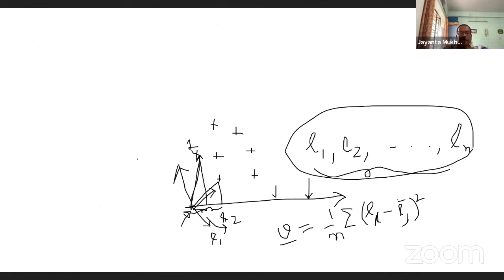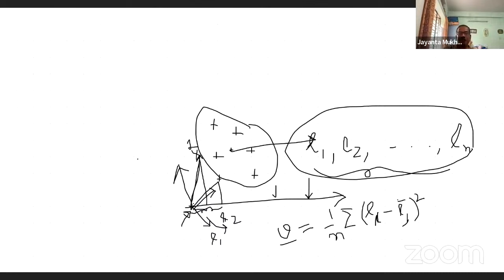And before that, we put the center point as the mean of all these data points. So we come to the center of these data points, right? At the center of the data points, we find the directions on which this variance would be maximum.